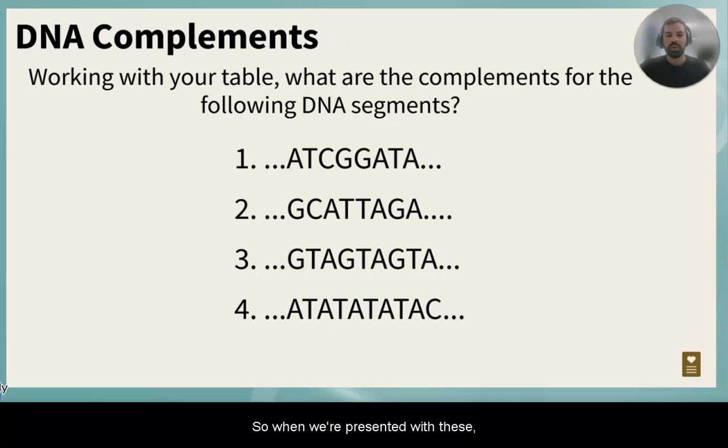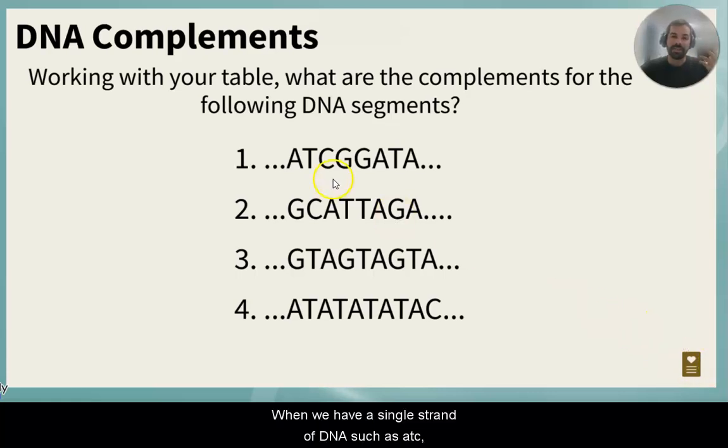So when we're presented with these, we want to think back to the complementarity of those nucleotide bases. When we have a single strand of DNA, such as ATC GGATA, we want to be able to think about what the pairs of this are, so A goes to T, T goes to A, C goes to G, G goes to C, and so on.